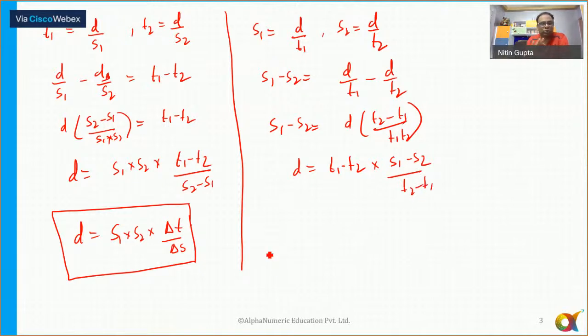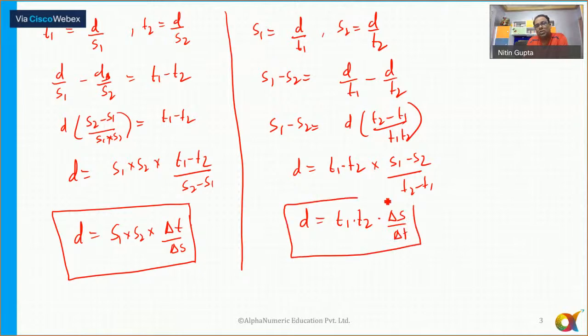And what is S1 minus S2? The difference of the two speeds. I can say distance is equal to T1 into T2 into delta S upon delta T. That is the case here.